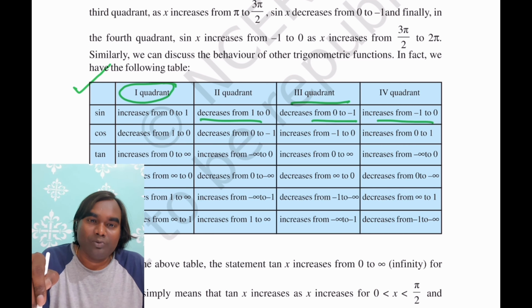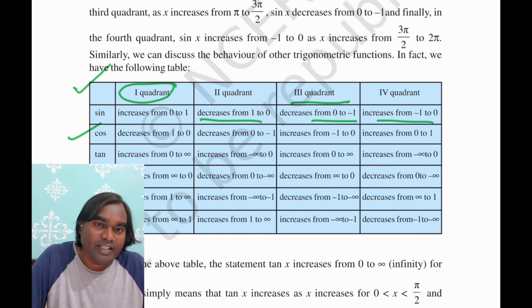Similarly, we can take the cos x variation for the different quadrants. So cos x decreases first from 1 to 0, then decreases from 0 to minus 1, and increases from minus 1 to 0, and increases from 0 to 1.